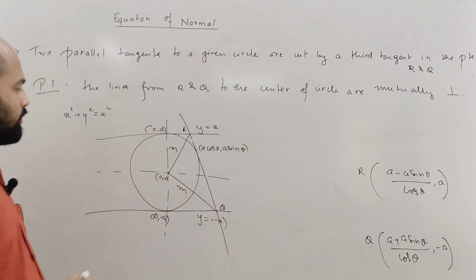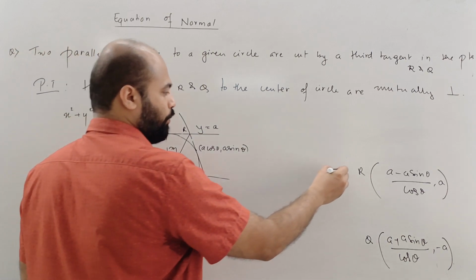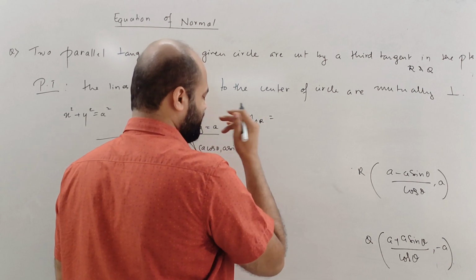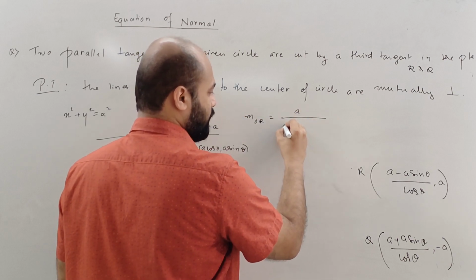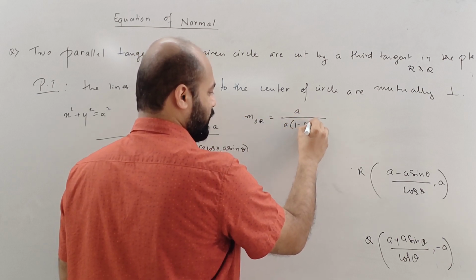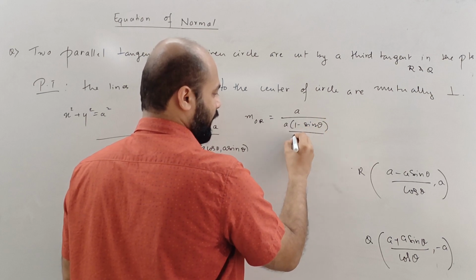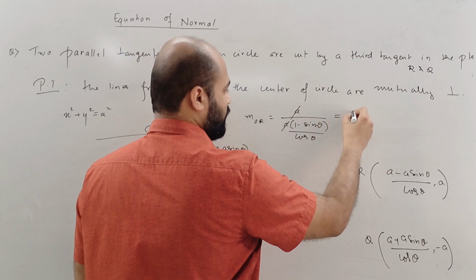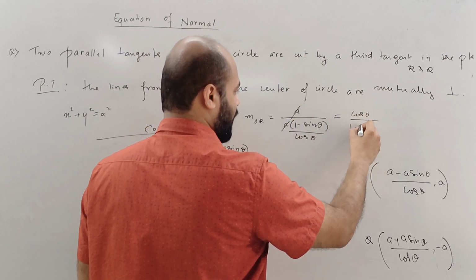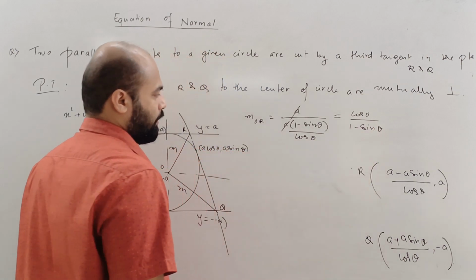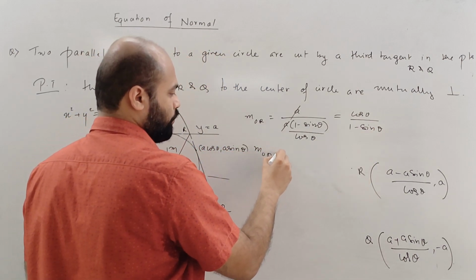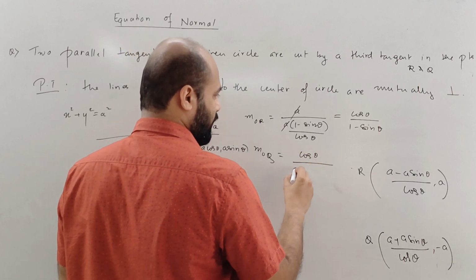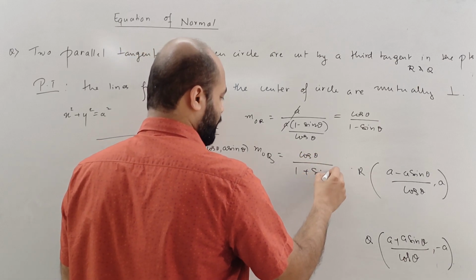Let's call this O. The slope of OR is going to be a into (1 minus sin theta) by a cos theta. If we rearrange it, we get cos theta by (1 minus sin theta). And M of OQ similarly is going to be cos theta by (1 plus sin theta).